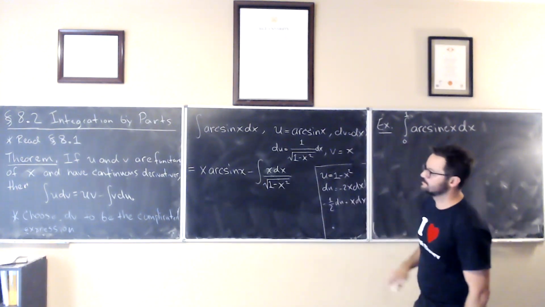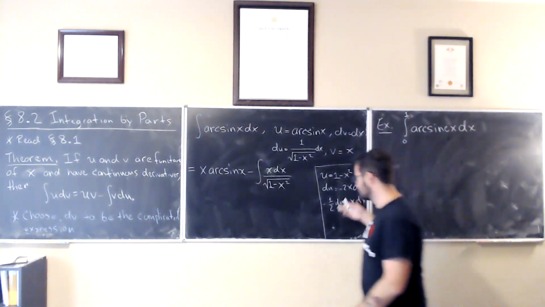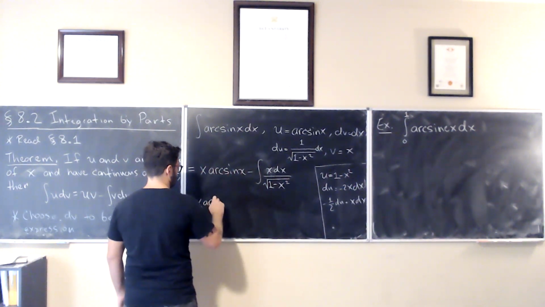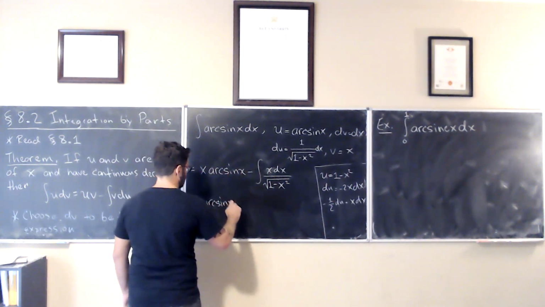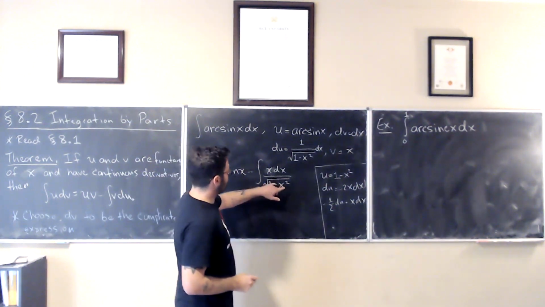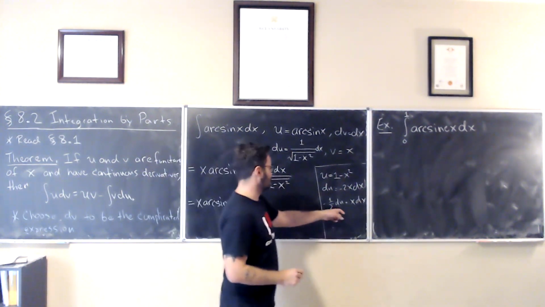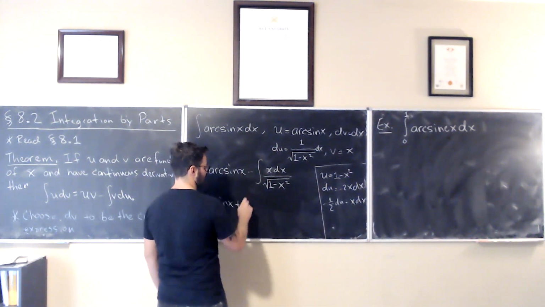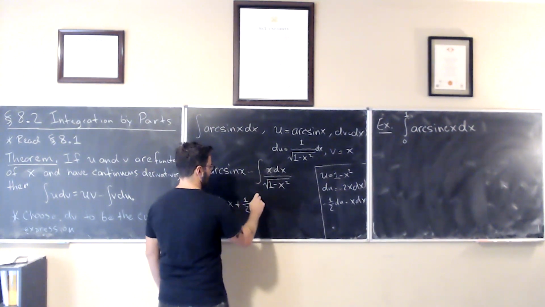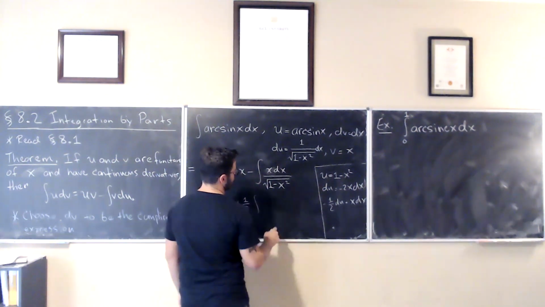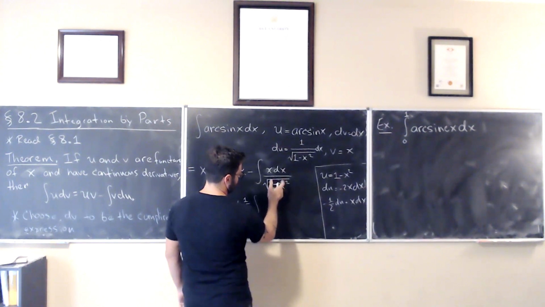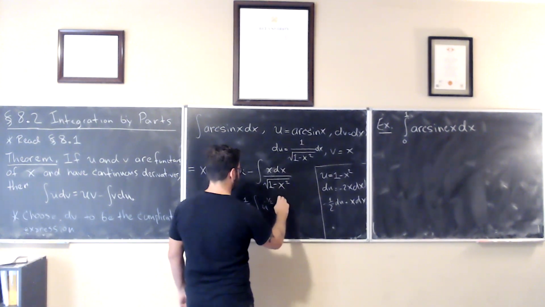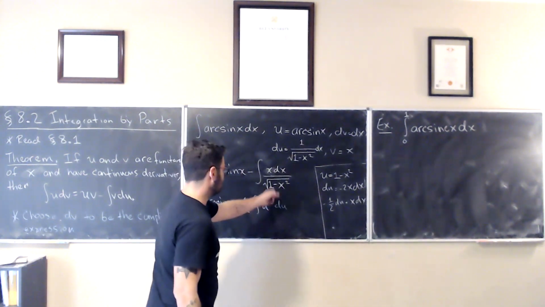This is just like the normal u substitution. So we have x dx is negative 1/2 du. So I'm going to take out that negative 1/2 and it'll become positive. And then on the inside, we'll have u to the power of minus 1/2 du. Add 1 to that.